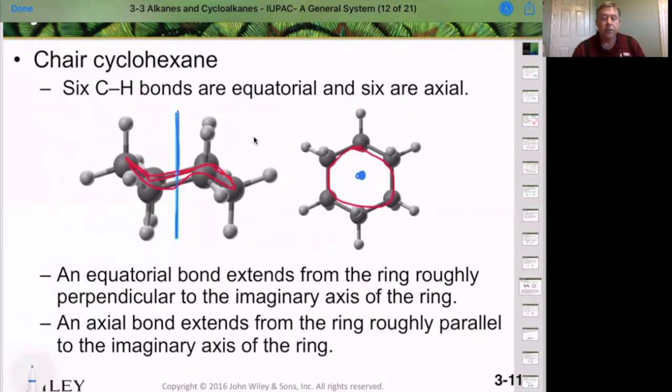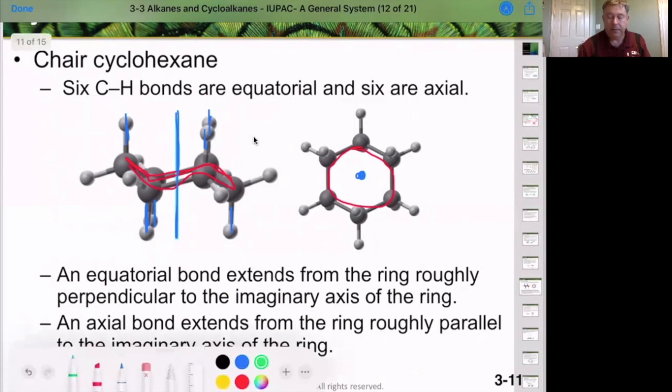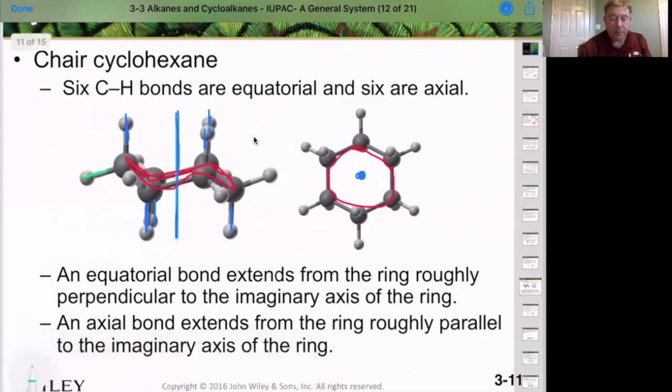If we look at that chair from the side, we have hydrogens that point up and down in line with that axis, that rotational axis there. And then we have different hydrogens that are pointing out and away from that axis.